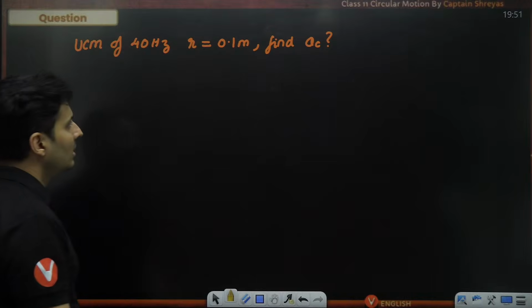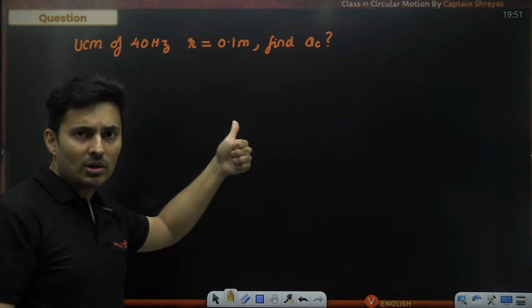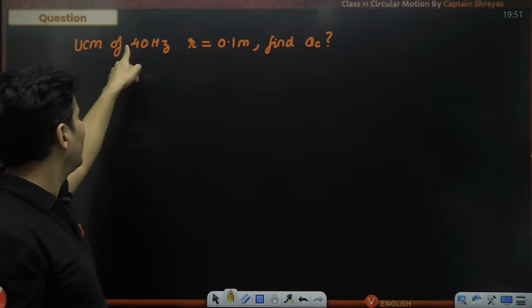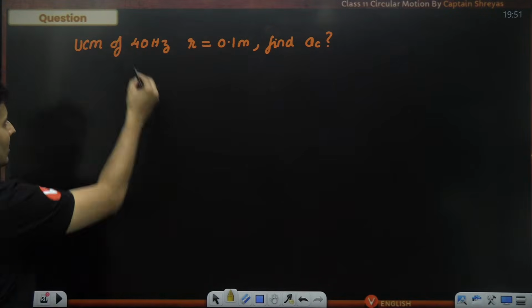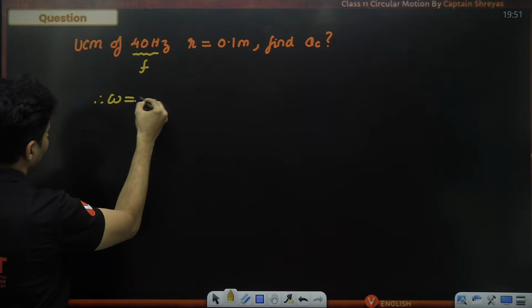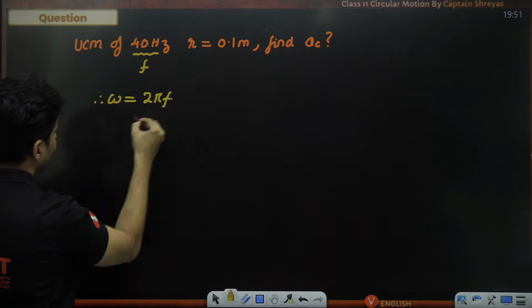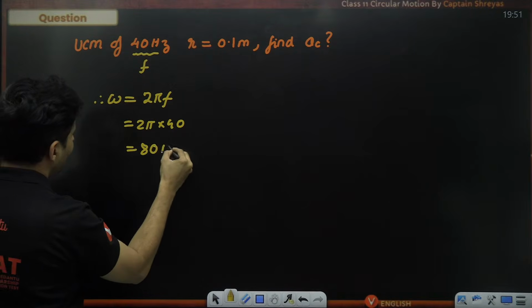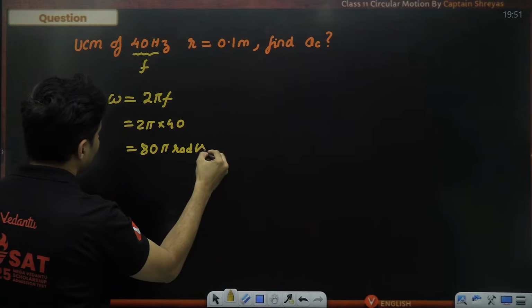Let's try this out. To find centripetal, we'll need either velocity or omega and then radius. Radius is given. I think we can find omega because this is nothing but frequency. Therefore, omega is 2 pi into f. So 2 pi multiplied by 40, which is 80 pi radians per second.